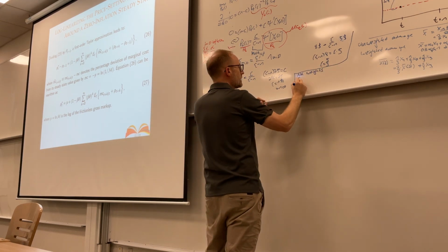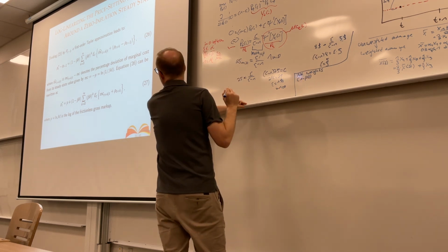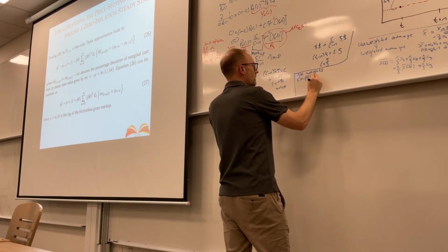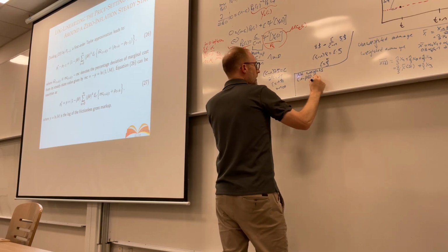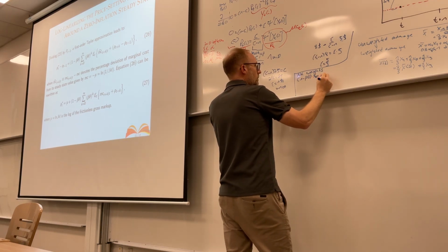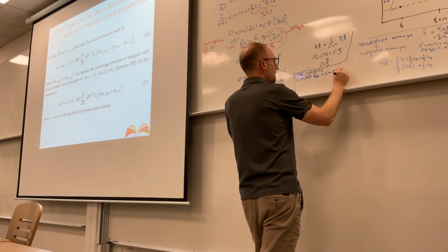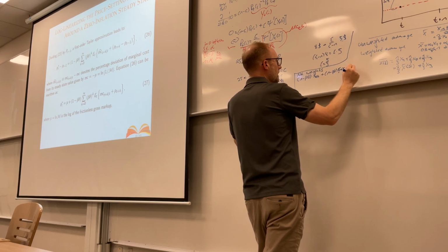We have the weights 1 minus beta theta, and I'm just going to call everything in there x_t, t plus 1 minus beta theta x_{t+1|t}.